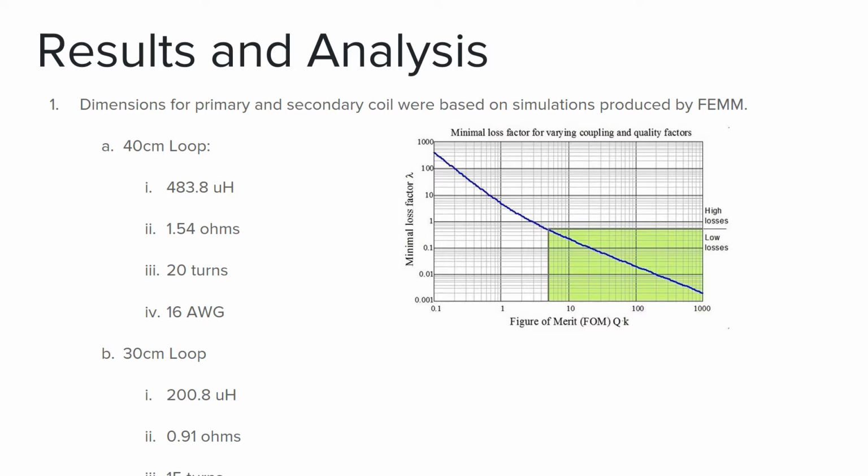And a 30 centimeter loop with 200.8 microhenries, 0.91 ohms, and the same gauge wire, 16 gauge. And on the right, we can see the minimal loss factor for varying coupling and quality factors.